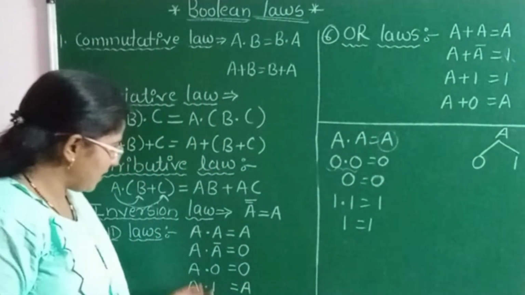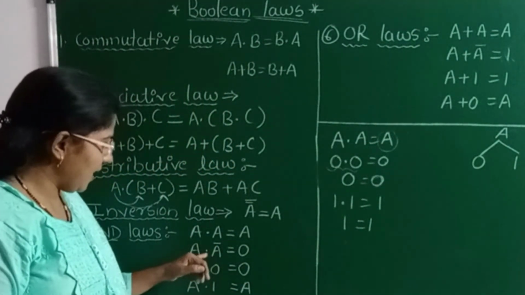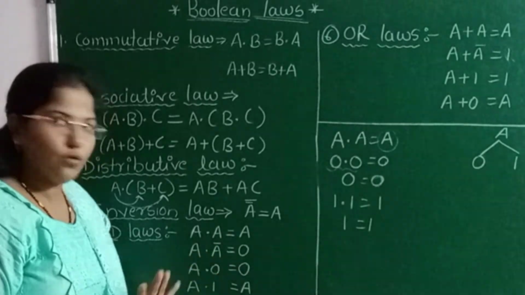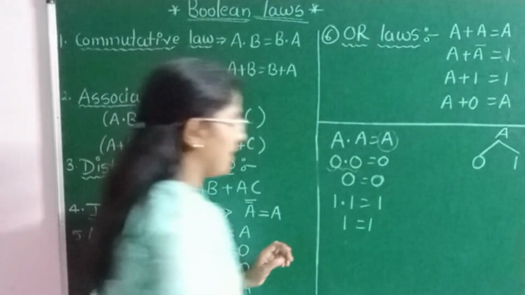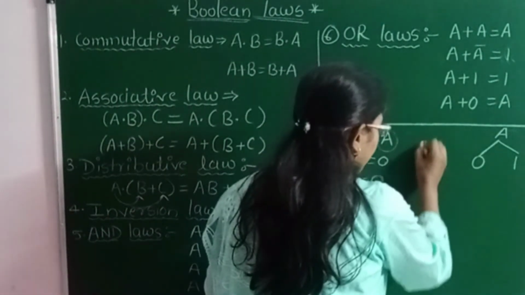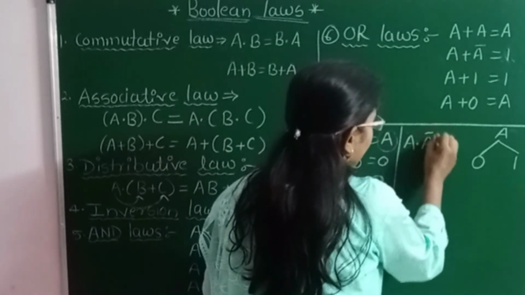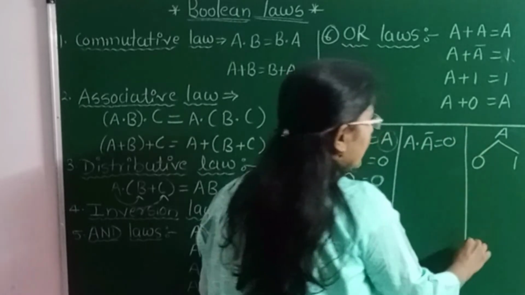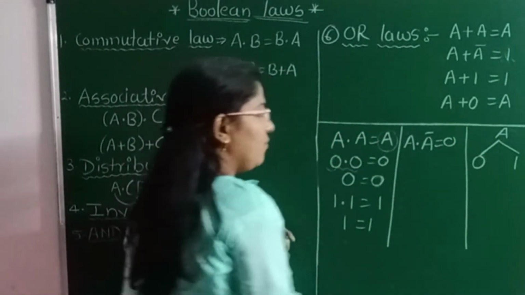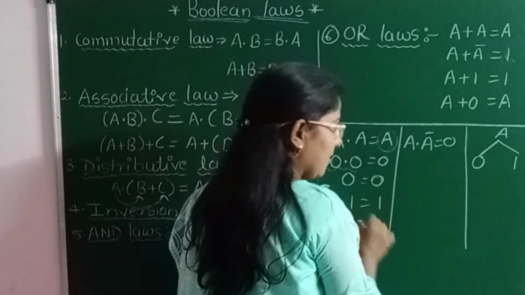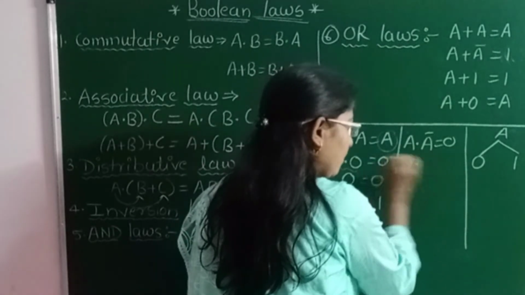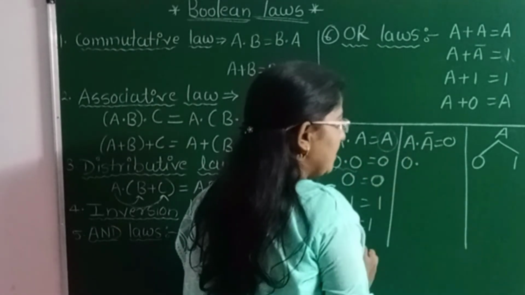Now we will see the next AND law, that is A into A bar is equal to 0. So here I will write A into A bar is equal to 0. Now first consider the value of A is 0. So I will put A as 0. What is A bar?